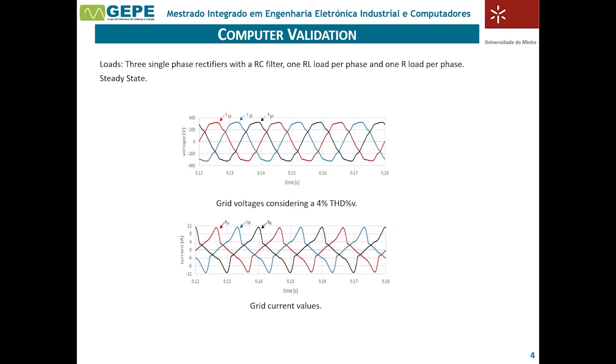The bottom image presents the grid current values when all the loads are connected. The connected loads are a single phase rectifier per phase with an RC filter, 1 RL load per phase and 1 R load per phase. These loads were selected, taking into consideration what real industrial loads will be.